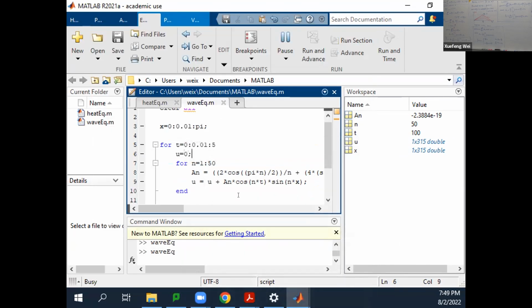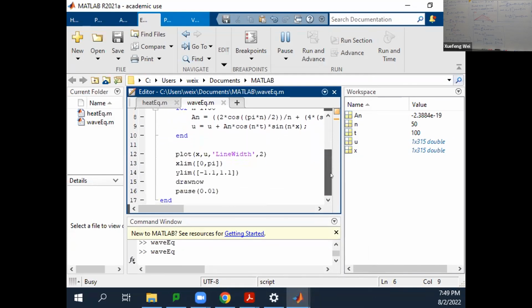I'll show you the code. You need brackets. It means I plot x from 0 to pi, that's the range. Y goes from -1 to 1, but I always leave a little bit of clearance.